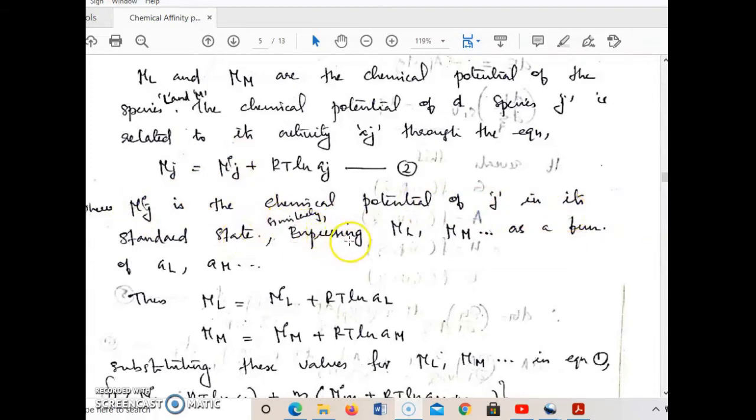Similarly, we can express the chemical potential for the Lth and Mth components as mu L is equal to mu 0 L plus RT ln a_L, where a_L is the activity of component L, and mu M, the chemical potential of component M, is equal to mu 0 M plus RT ln a_M, where a_M is the activity of component M. Now we can substitute these values in the previous equation for delta G, substituting the values of mu L and mu M from these equations.